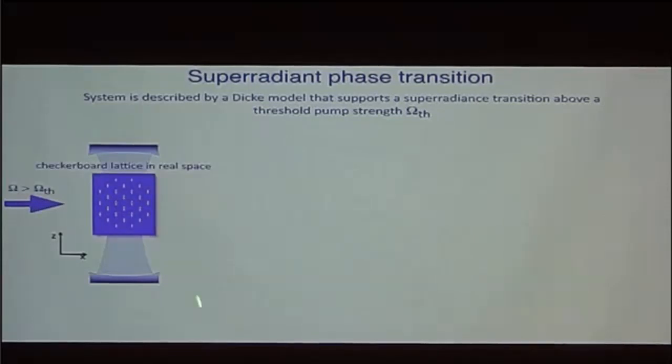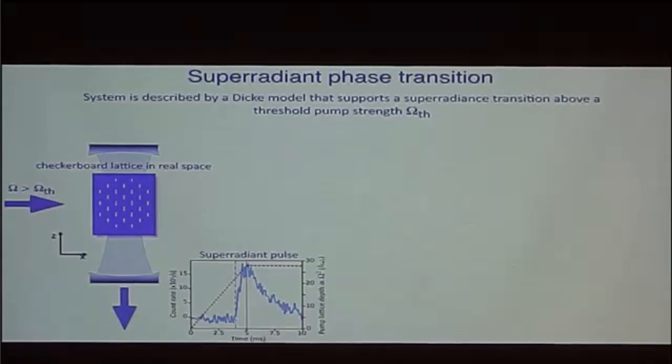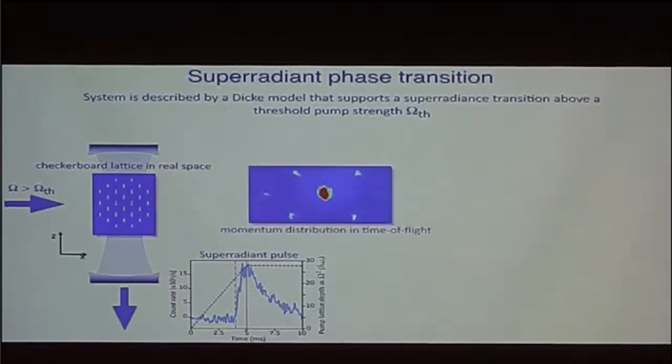And what that does in real space is give you a checkerboard of the atoms. And if you look at the light, you get a burst of light coming out, a superradiant pulse. Together, these are the dual manifestations of the density wave polariton that's created inside the system. This is the matter wave part of the polariton. This is the optical part of that polariton. And yeah, so that's what you get out.